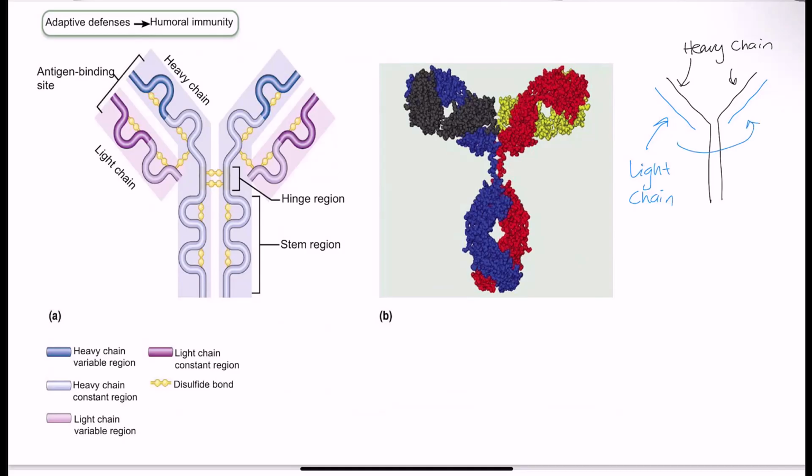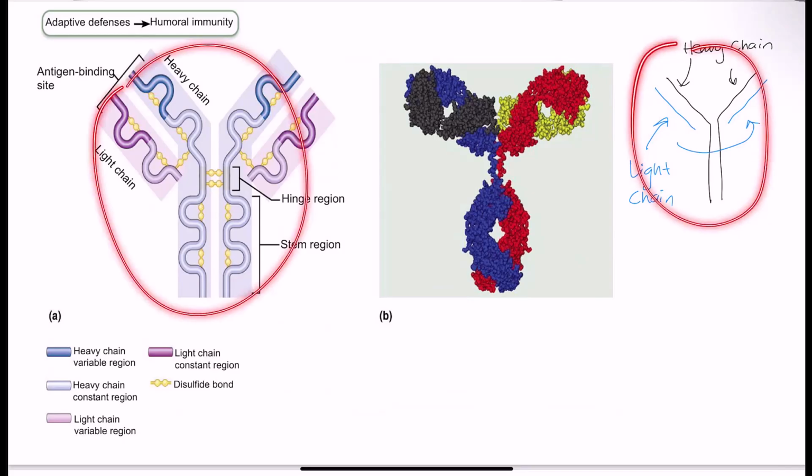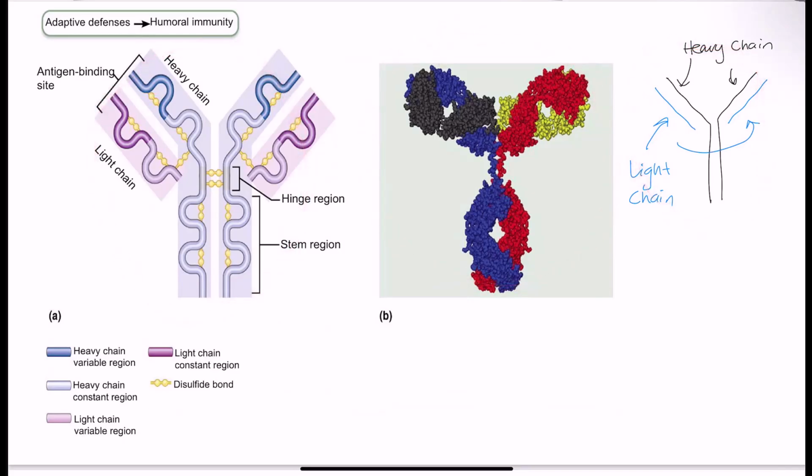Okay, so this drawing is the same thing as this, is the same thing as this. So we have the heavy chain and the light chain. And within the heavy chain and the light chain, there are constant regions and variable regions. The variable regions are the ones that change. So that's how antibodies can be so individualized.